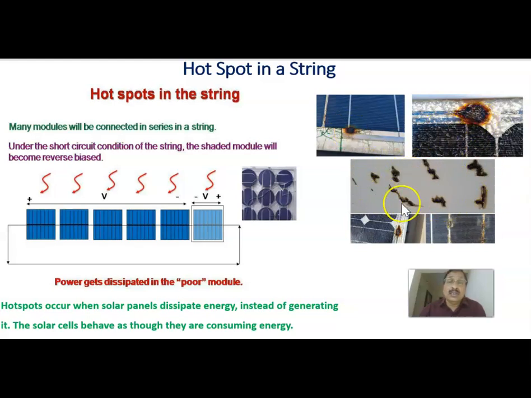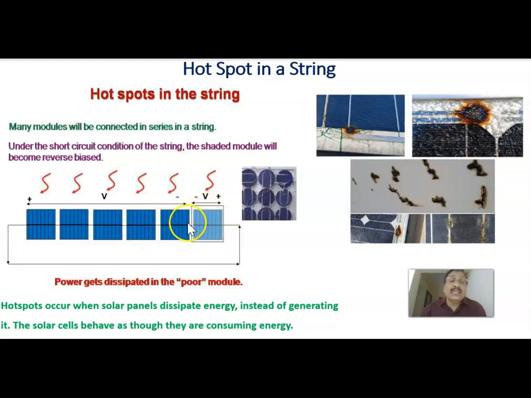The reason is that because of partial shading, many modules will be connected in a string. If any module, any panel, gets partially shaded under a short circuit condition of the string, the shaded module will become reverse biased, because the voltage generated here will be less.